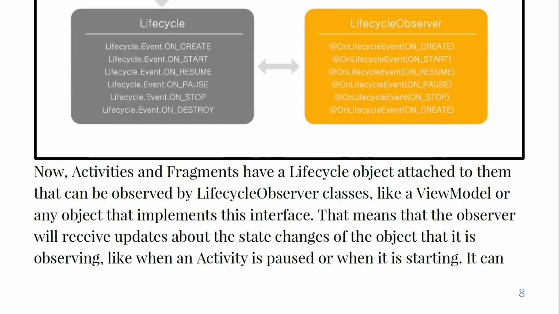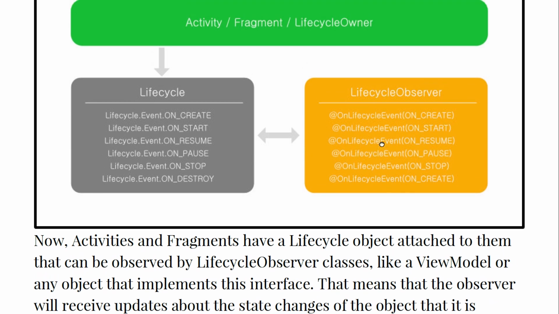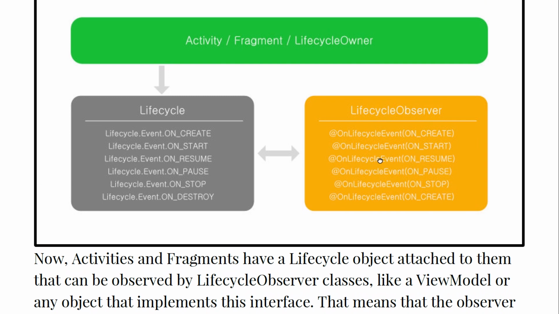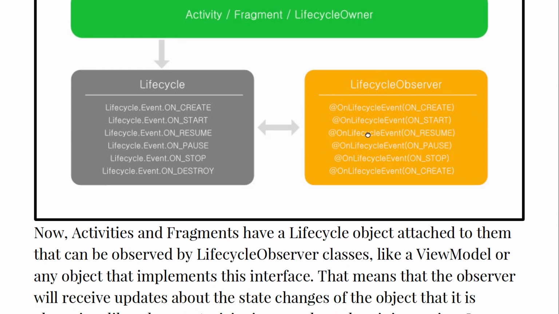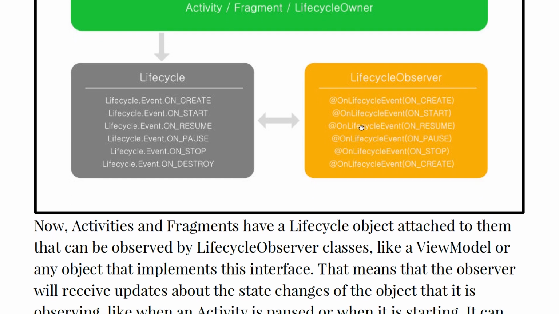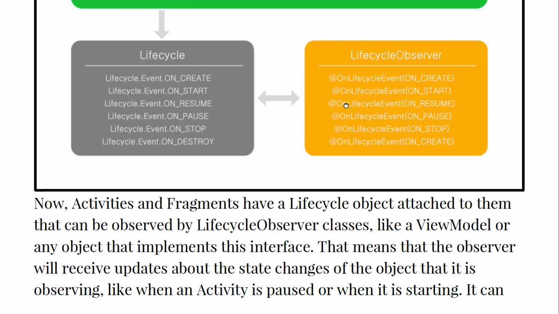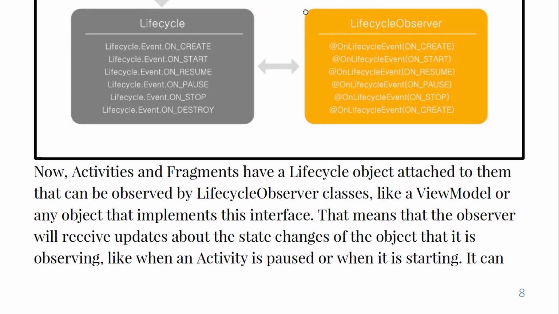Activities and fragments have the lifecycle object attached to them. They can be observed by the lifecycle observer class, like a view model or any object that implements this interface. This means that the observer will receive updates about the state changes of the object that it is observing, like when the activity is paused or when it's starting.